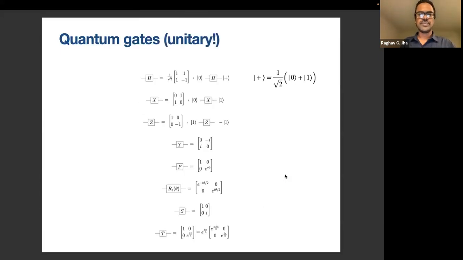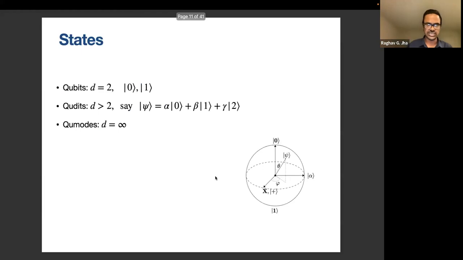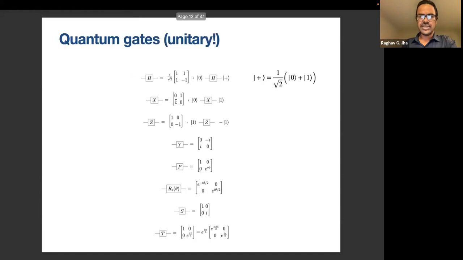Okay, so now once we have this, we'll restrict ourselves for the moment to this qubit formulation of quantum computation. And for that, what we really need is to introduce some sort of gates. For example, if the input state is 0 or 1, gates are unitary transformations which transform those states.